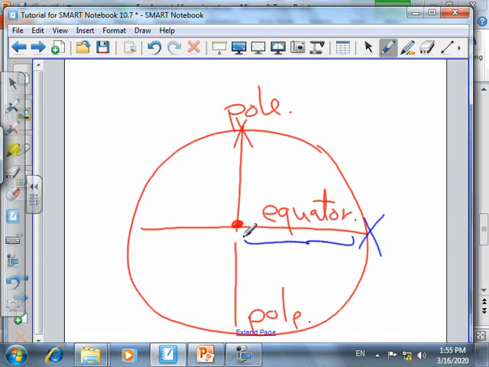Because the distance between the center of the Earth and the equator is completely different from the two poles due to the non-spherical shape of the Earth. In the case of the pole, the distance between the center of the Earth and the pole is a little bit less than for the equator. The equator is more elongated than the pole, okay?